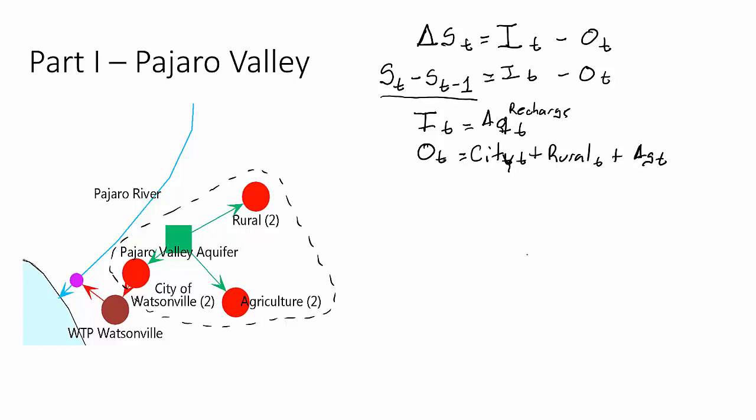At any point it will be St minus 1 will be equal to the inflows, which is the aquifer recharge at a given time t, minus the sum of the city plus rural plus ag.